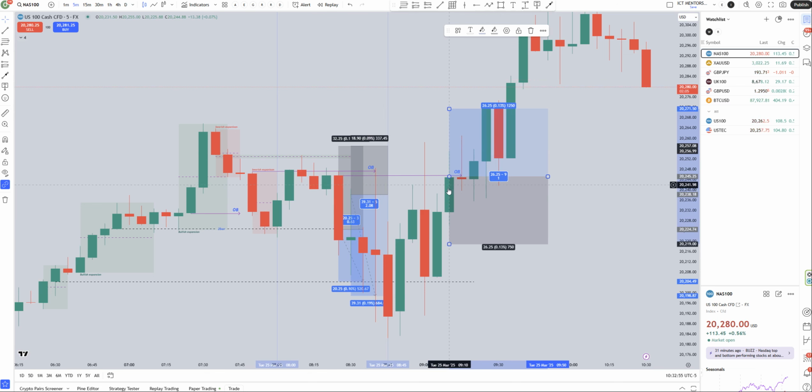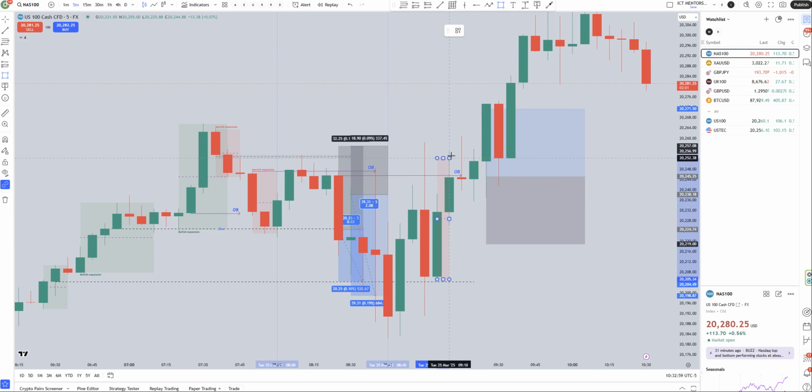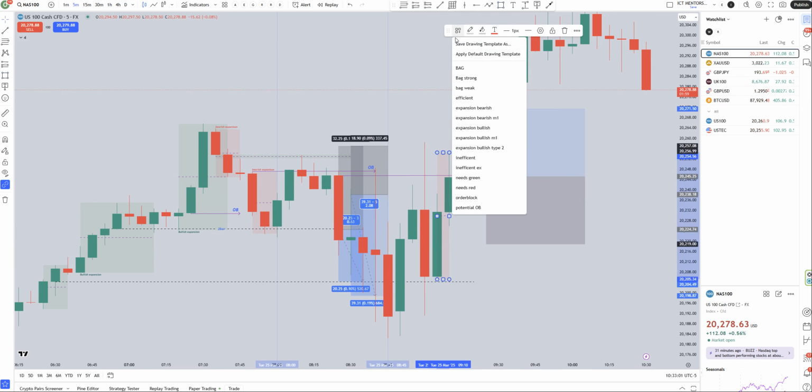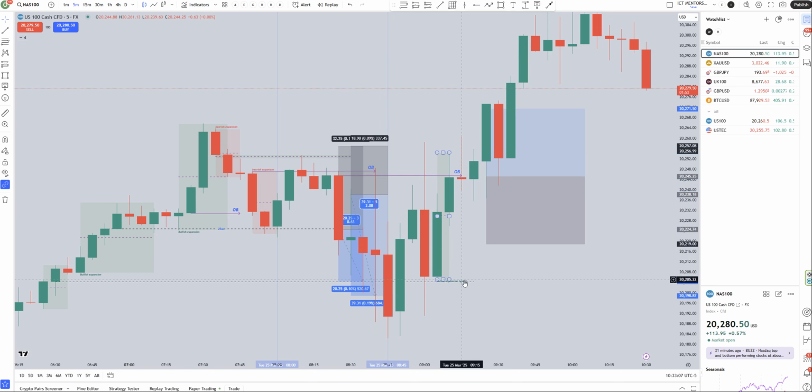I was looking at this type 2 expansion. So this was a type 2 expansion. And I was like, okay, close below this invalidates any long setup.